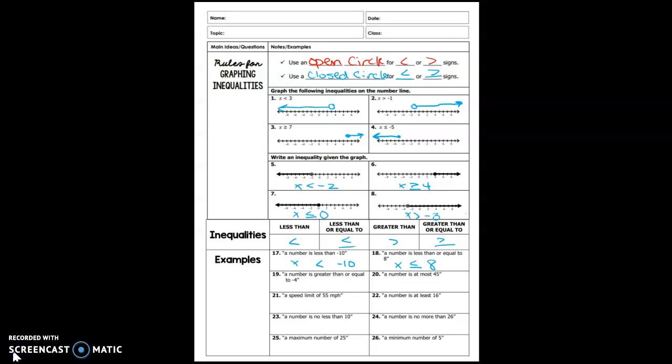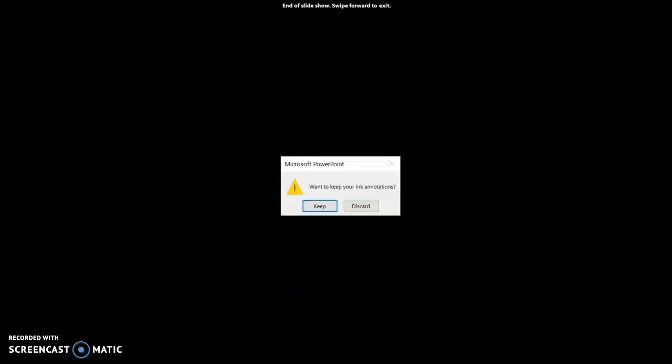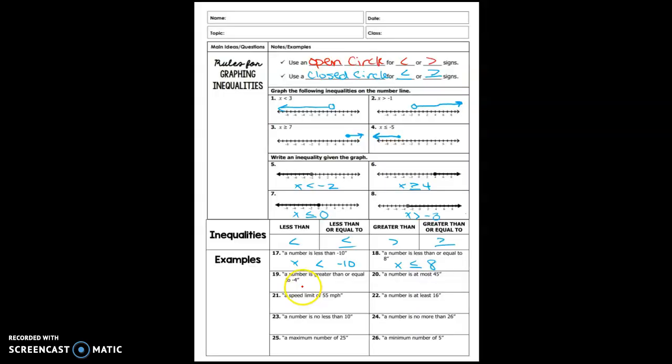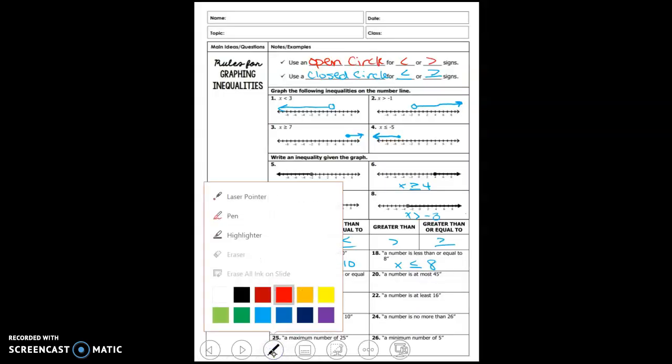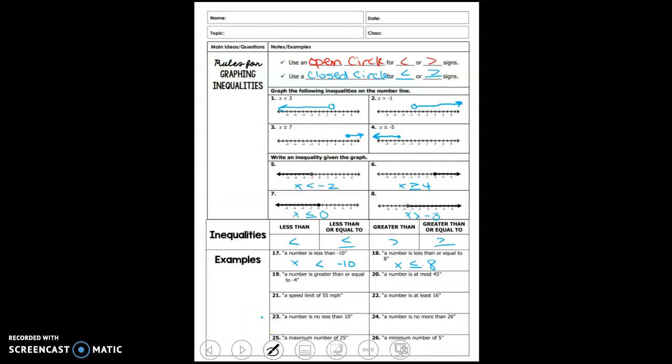Hopefully for 19 you've already gotten x is greater than or equal to -4.